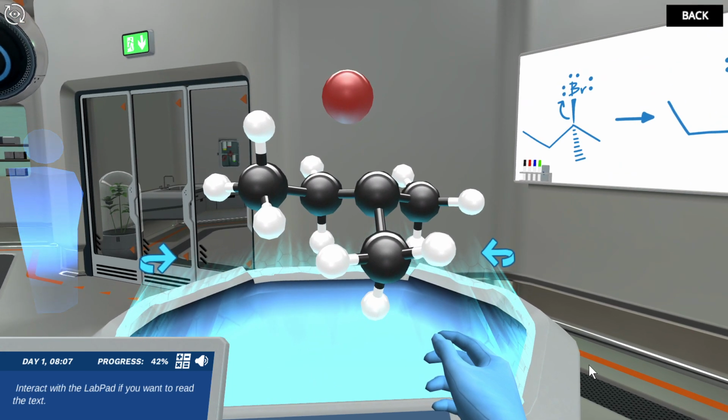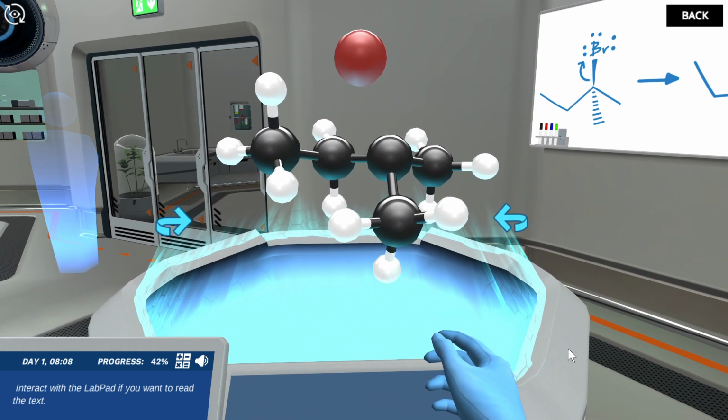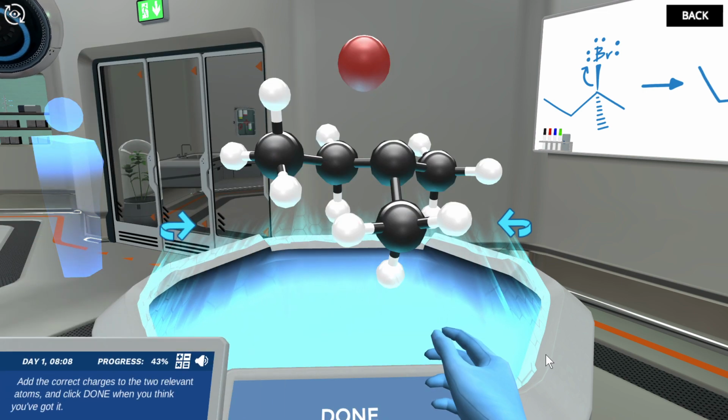Very cool. Since we moved some electrons, let's consider whether or not we need to add some charges to the molecules. Add the correct charges to the two relevant atoms, and click Done when you think you've got it.